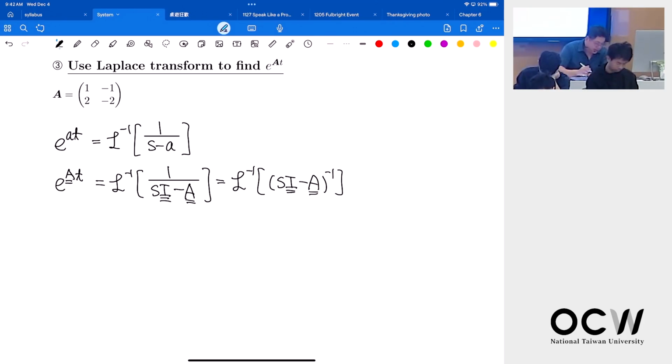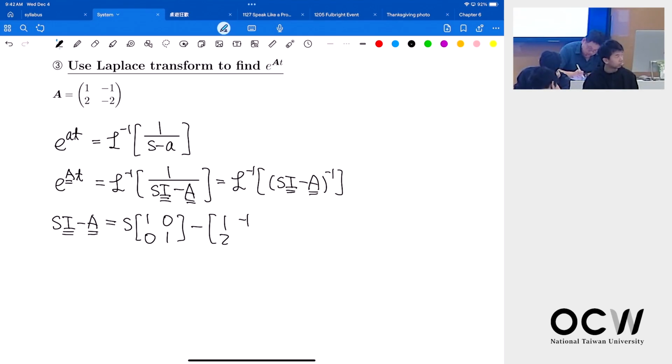So for this example, s times the identity matrix minus the A matrix, 1, 2, minus 1, minus 2. So we have s minus 1, minus 2, 1, s plus 2.